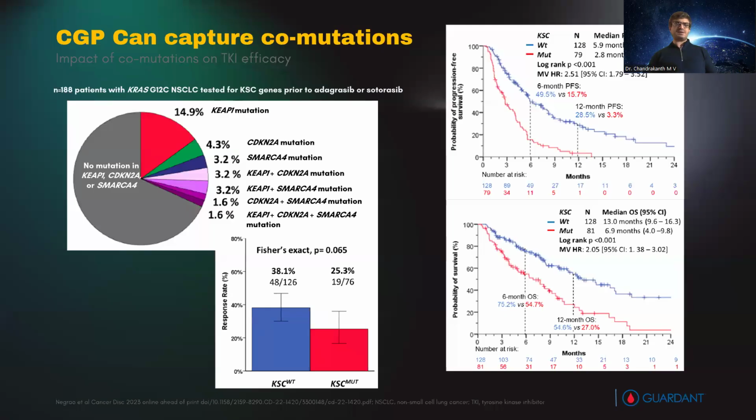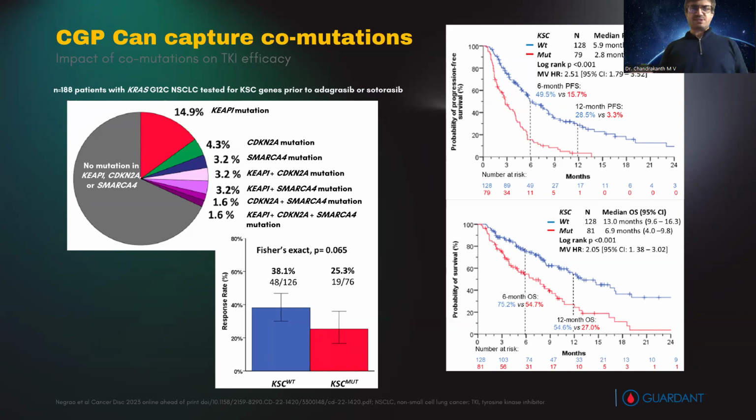Okay, CGP not only can capture common mutations at a higher accuracy, but also can pick up co-mutations. For example, you have what is called a KSC mutation. These are all KRAS G12C mutated lung cancer patients.